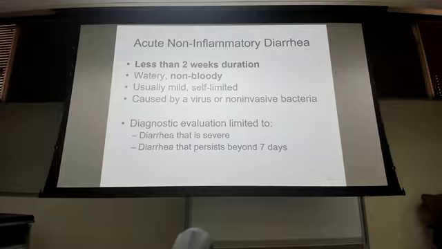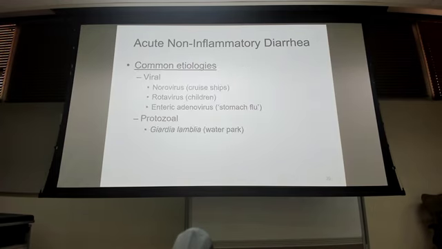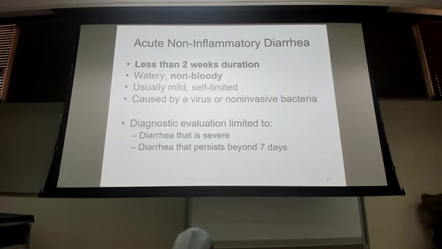It's still acute, because it's literally acute until 2 weeks. But at about the 7-day mark and severe symptoms, start working it up. By then, you should see the signs and symptoms improving, or else you're going to get some things back on the tests we're going to run. We'll talk about what those are. Basically, keep them hydrated at that point.